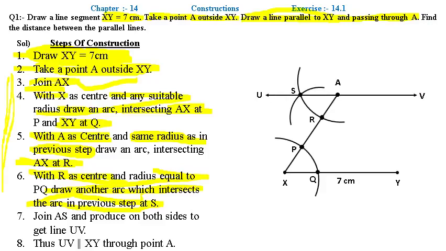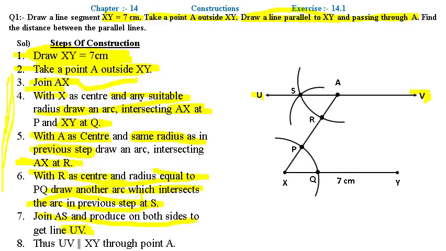And what do we call it? We call this line UV. Join AS, produce on both sides and call the line UV. So it is U and it is V over here. Now, if you look at UV, you will see that it is exactly parallel to the line XY.